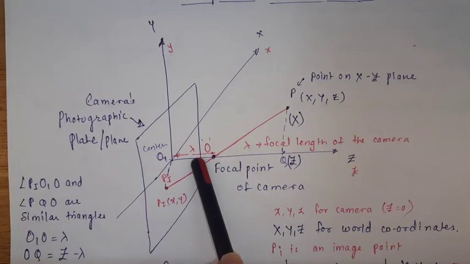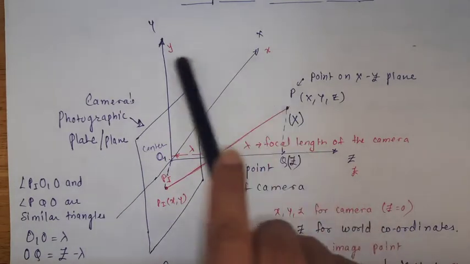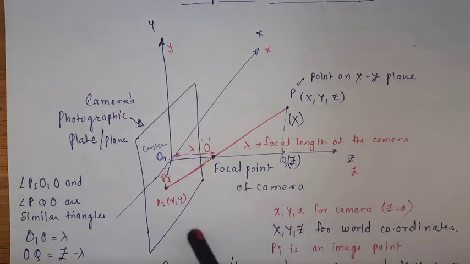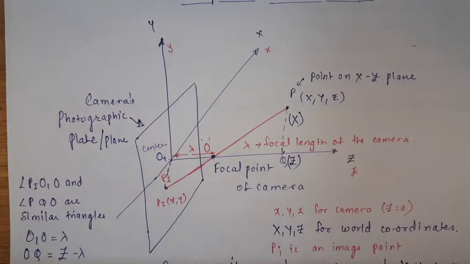The small xyz are camera coordinates, as I told you just now. Pi is the image of P having coordinates x and y. So a three-dimensional point is becoming two-dimensional here.